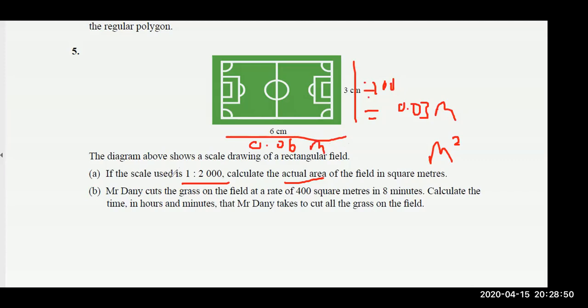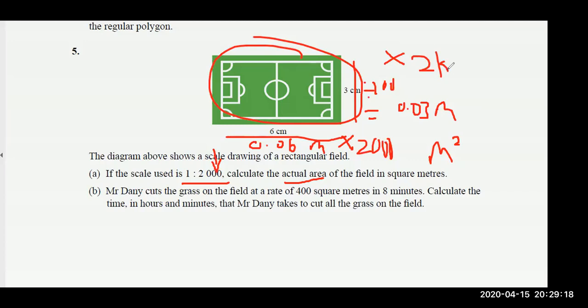So this question gives you this one is the image, called the image is 1. Then you need to find the actual is 2000, right? So you multiply 2000 for both sides.